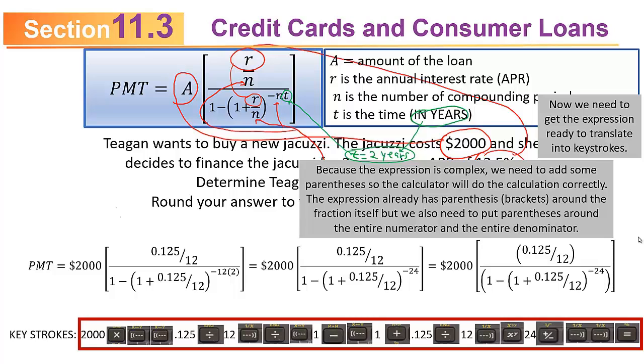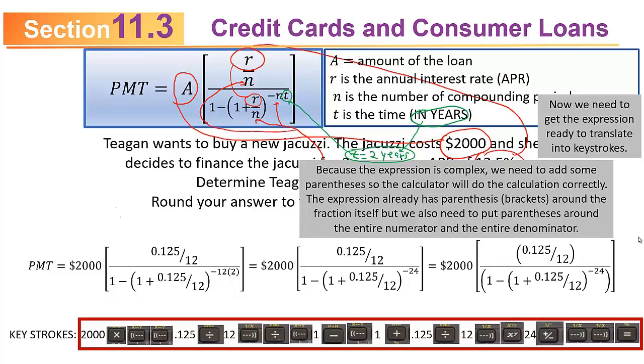Then you start the left paren in the denominator, and then 1 minus, and then you come to another left paren, so you enter another left paren, then you've got 1 plus 0.125 divided by 12, then there's a right paren, and you see that minus 24 in the exponent, so you have to press the exponent, the X to the Y key.